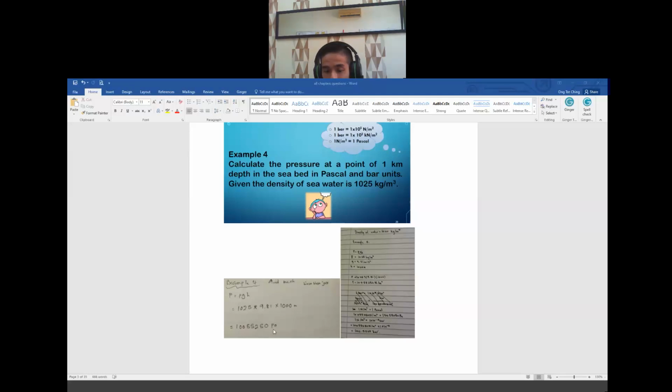Both of them have the same answer actually, but Ahmad Abdul Hakim, for your solution, maybe you have some marks deducted here, since they require you to give it in Pascal, right? So you just need to write it equals to Pascal. It will be in a better form because it's actually stated in the question.